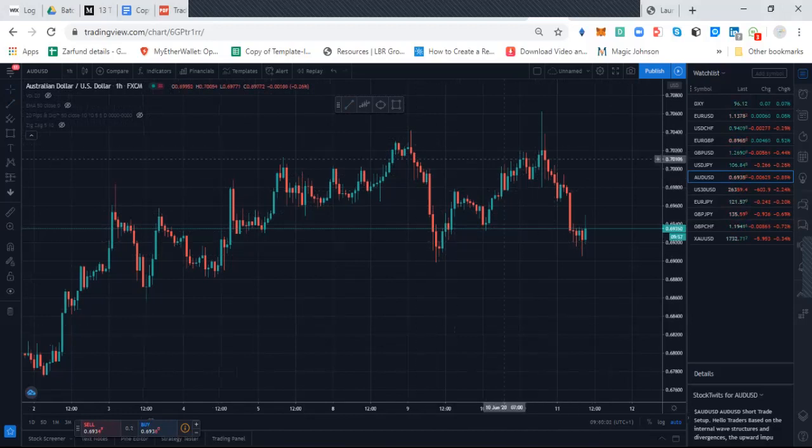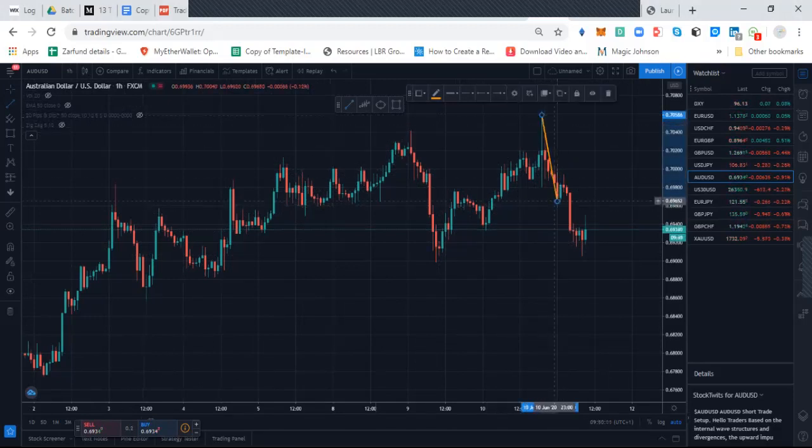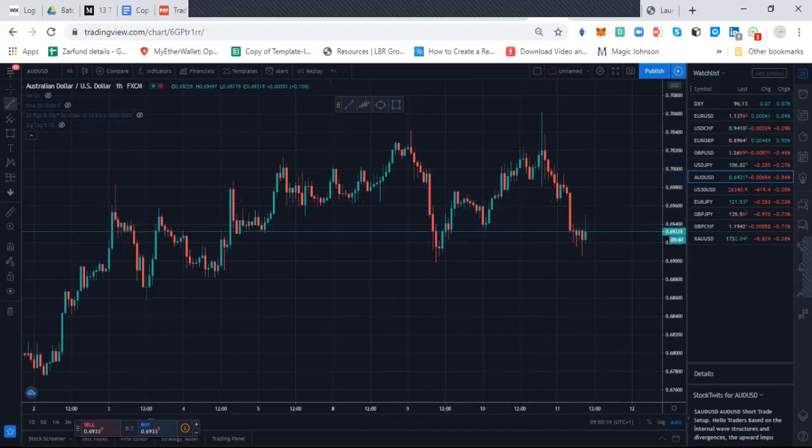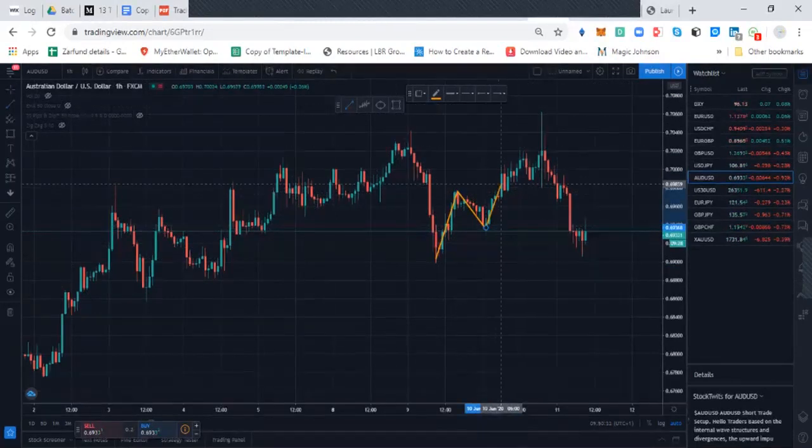The structure that we have will tell us what we are expecting to begin to see at this time. Okay, so before we do that, let's remove this. Let's mark up from here. So let's do this now. All right. Pull back. Then we move higher.